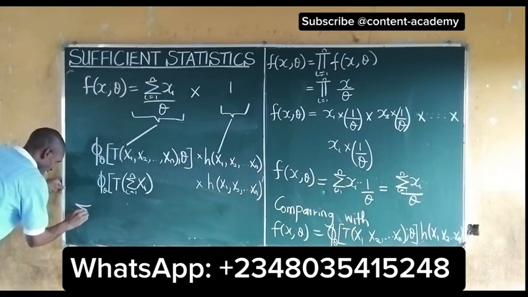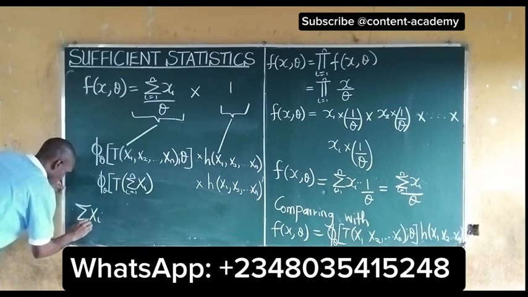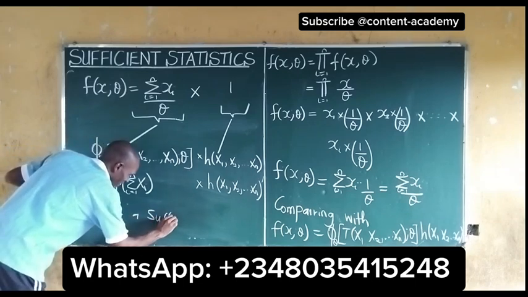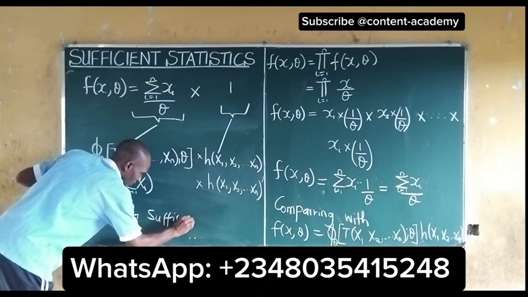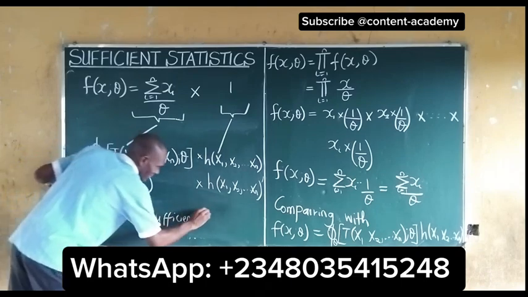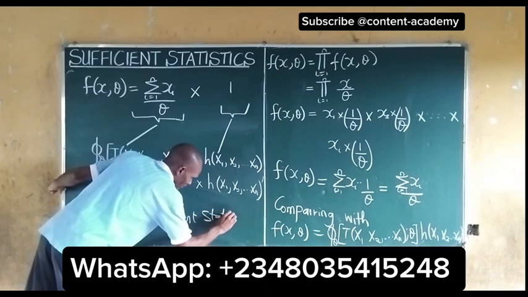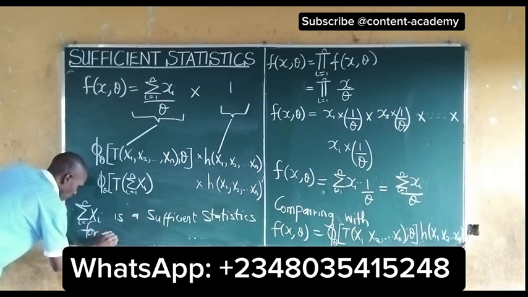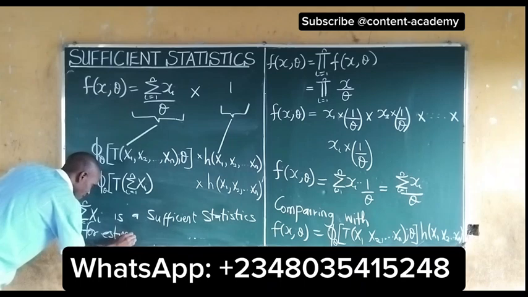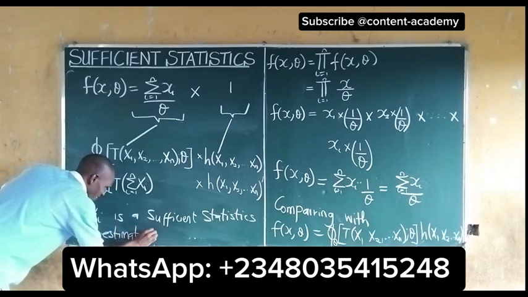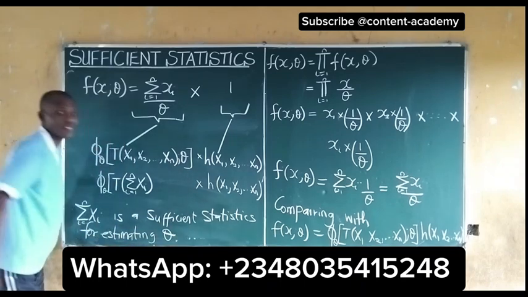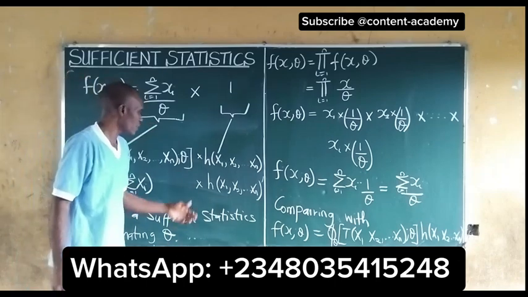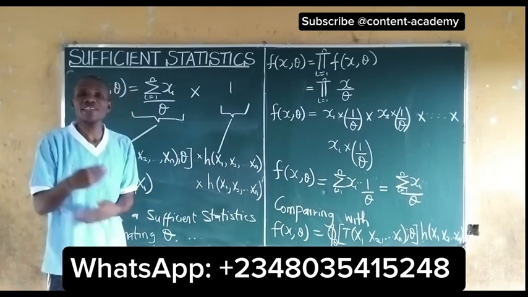Therefore, summation of xi's is a sufficient statistic for estimating theta. So this is how we can compute the sufficient statistics for any PDF given.